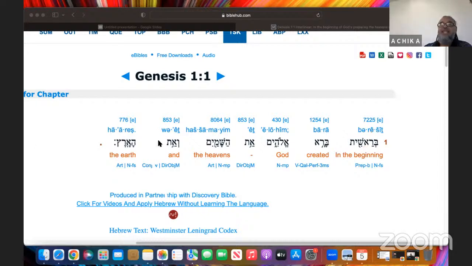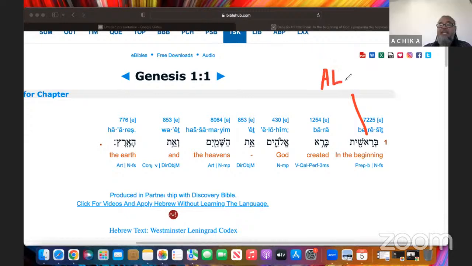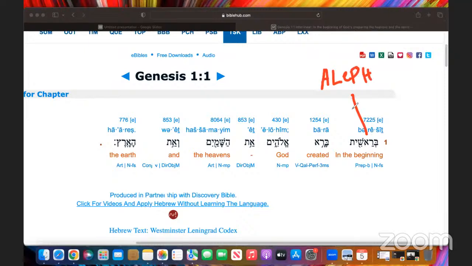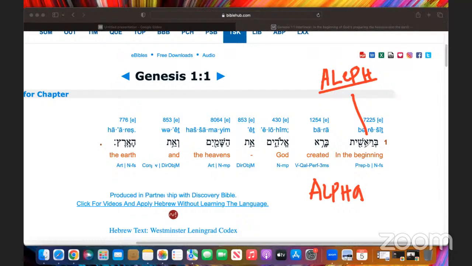No, it's Aleph. English gets alpha from that, so you're correct in that way. That means Aleph, alpha, but this is not alpha. This is Aleph. They just added an A to it.